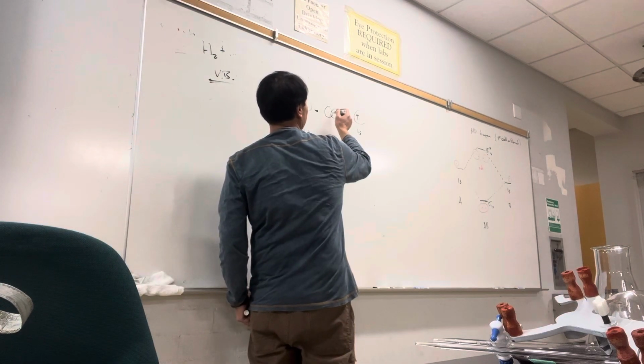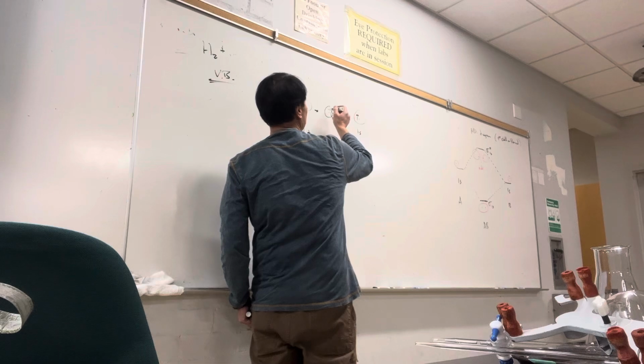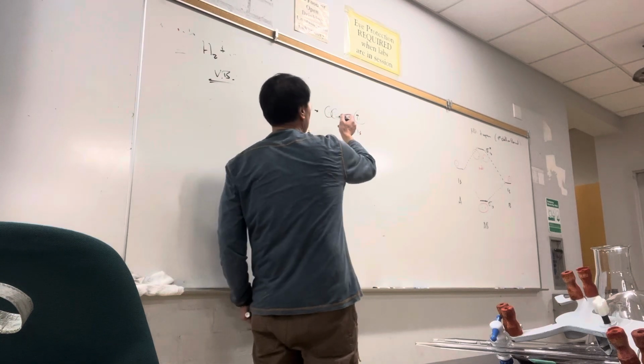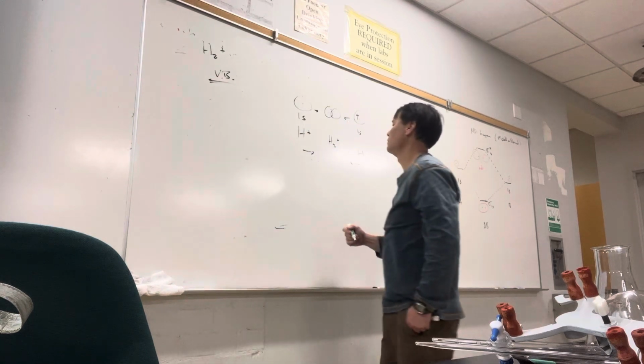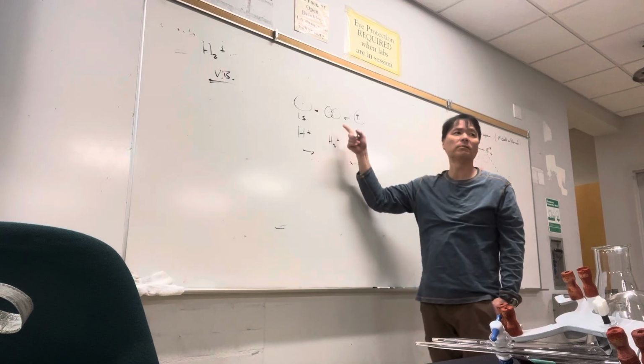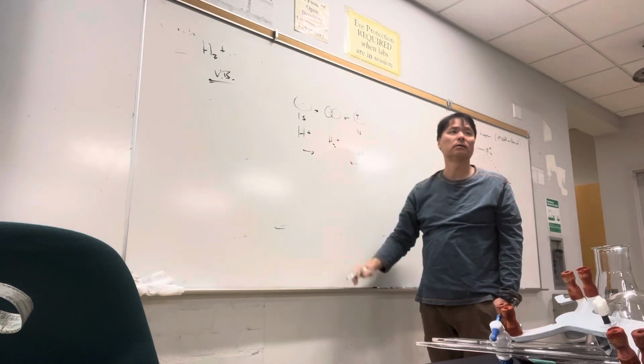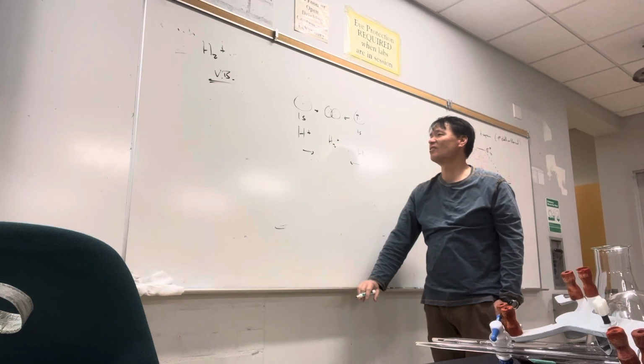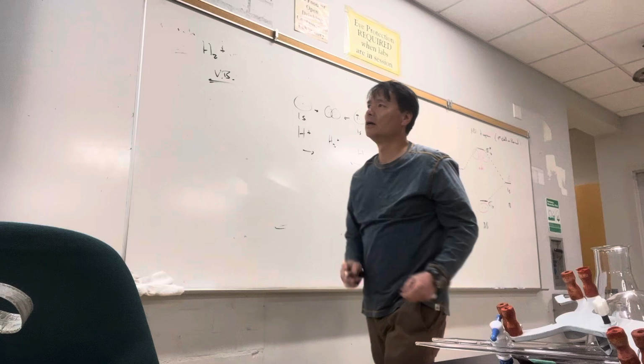If it has half the electron cloud density, is it going to be as strong of a bond? No, it's going to be a weaker bond. And so we expect H2 plus to form here. It's just going to have a weak bond, you'd think.